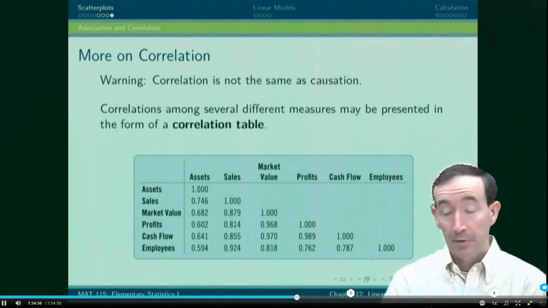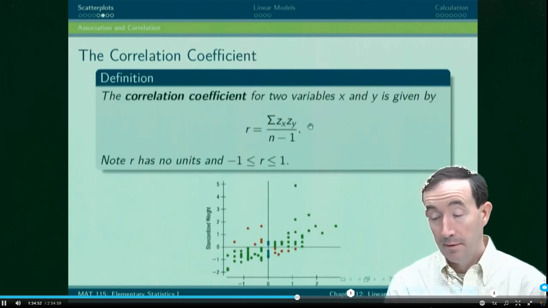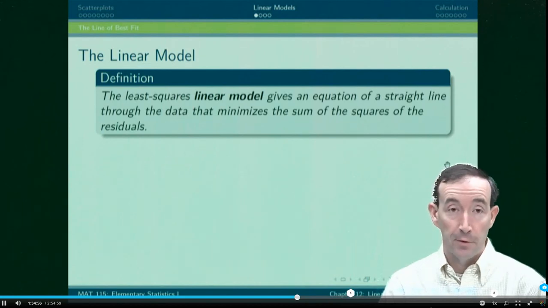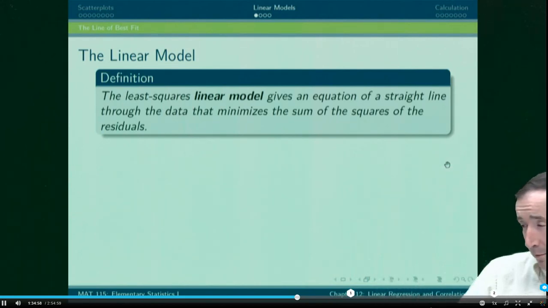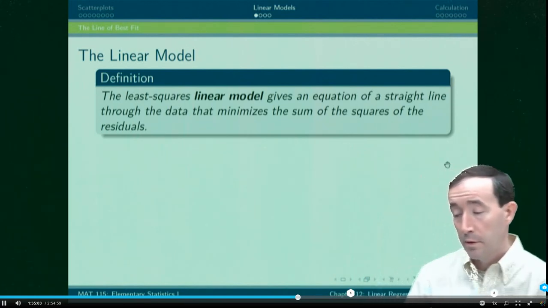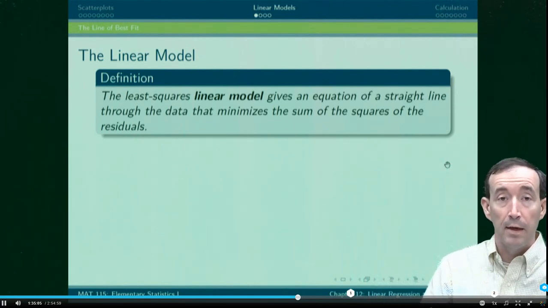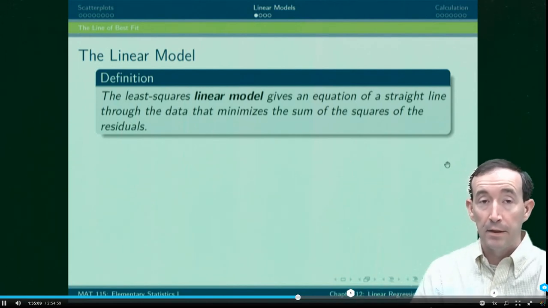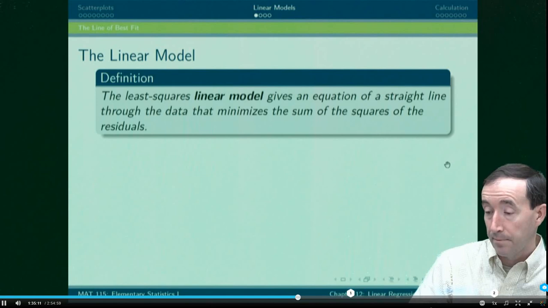Now, it can be calculated by hand, like I said, using this formula, but it's a lot easier to let your calculator do that for you. Given the time that we have here, I'm going to talk about a linear model and then show you how to build it. We'll build the first linear model in Desmos before we take our next break.